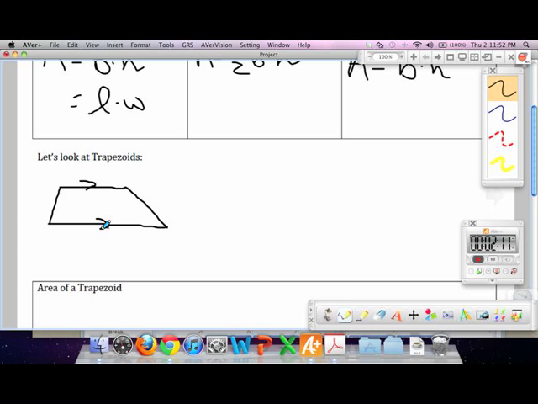Watch what happens when I do this. I'm going to take this trapezoid, and I'm going to flip it upside down. I'm going to rotate it. And if I fit it in exactly like this, what have I just made? Parallelogram. I've made myself a parallelogram.